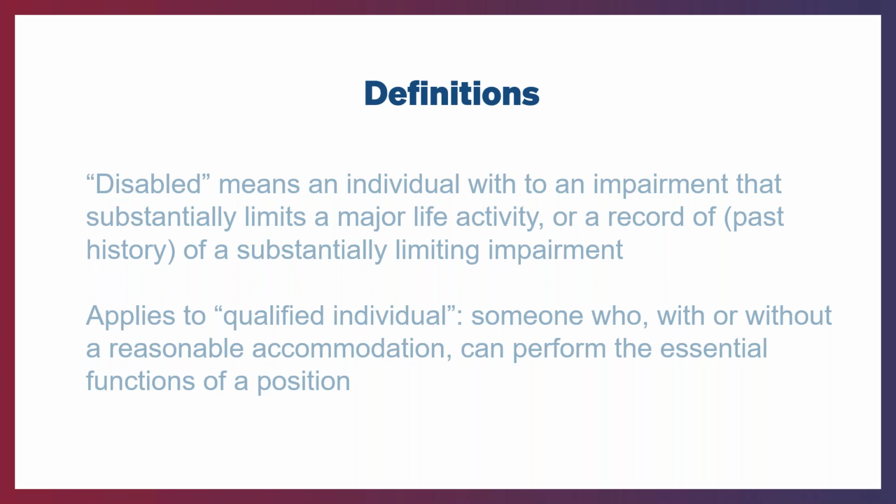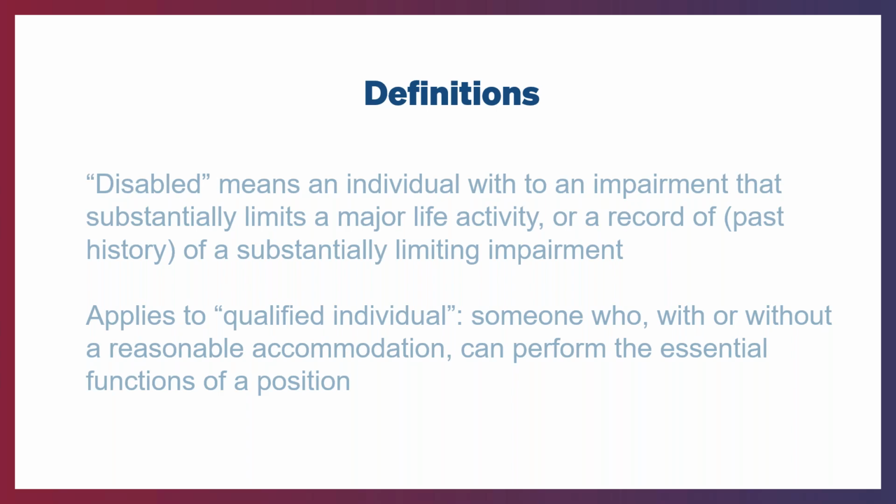If you're very clear in your job description, that's going to help your applicants, and it's going to help you through the hiring process. And I just want to touch on the definition of disabled, the record of or a past history of a substantially limiting impairment.